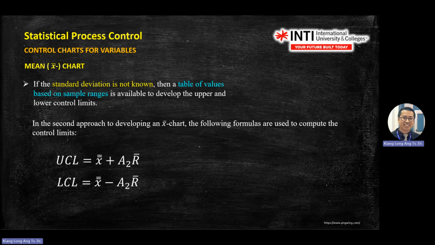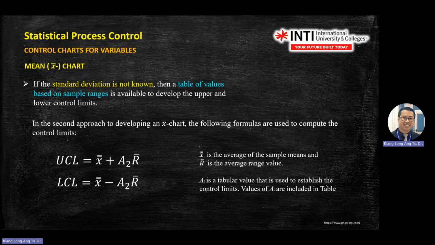If the standard deviation is unknown, you use X double bar plus minus A2 times R bar. Change the sigma into R bar. This one you need to refer to a new table. R bar is the average range value. X double bar is calculated from the means.